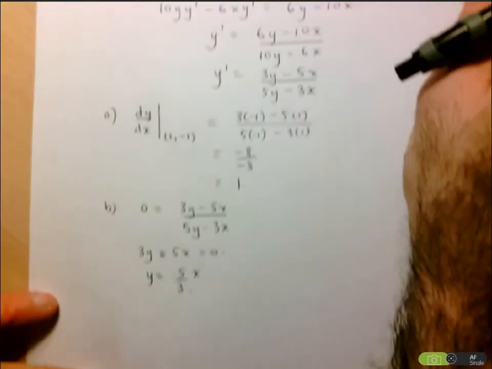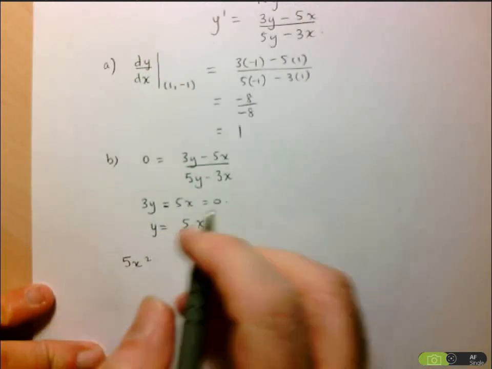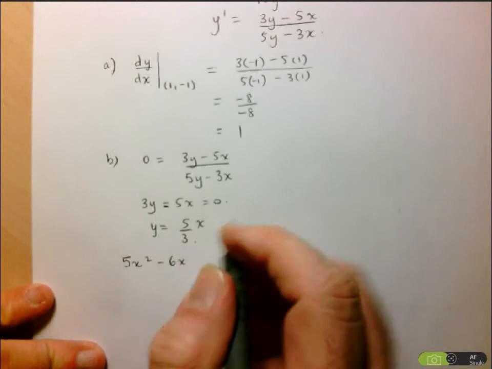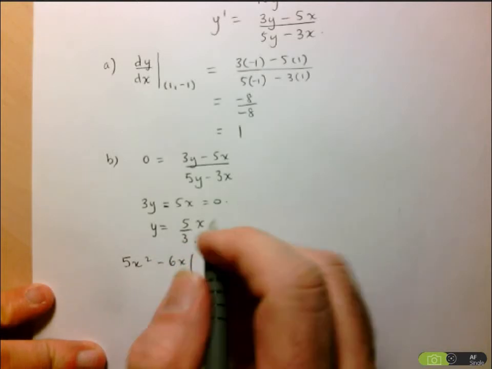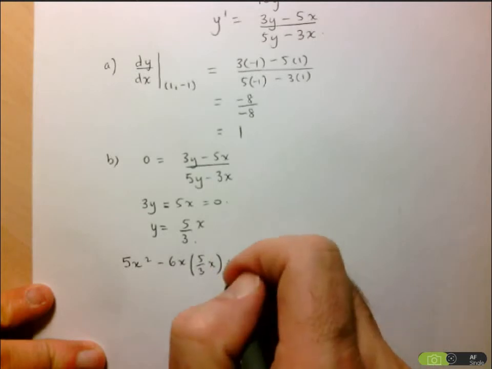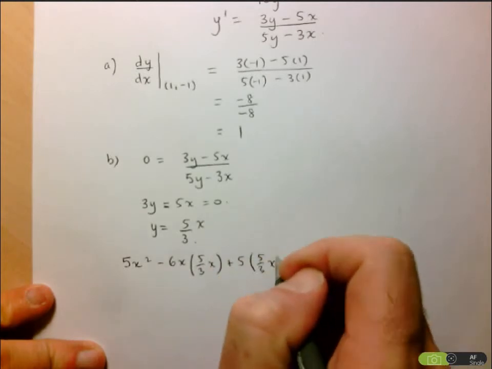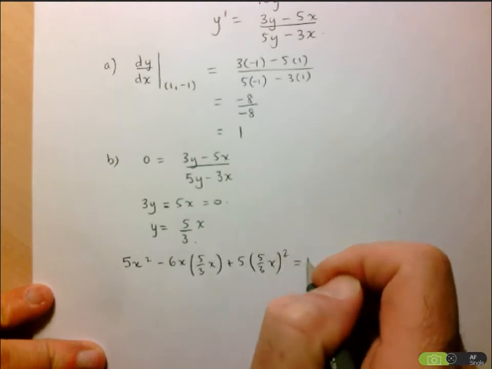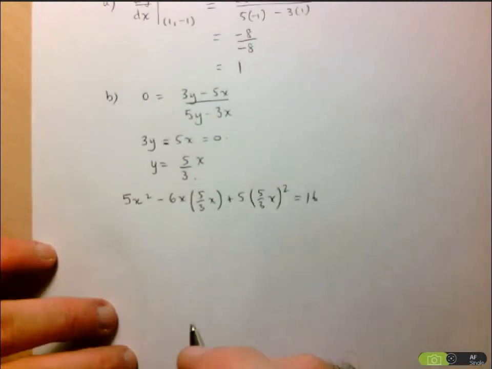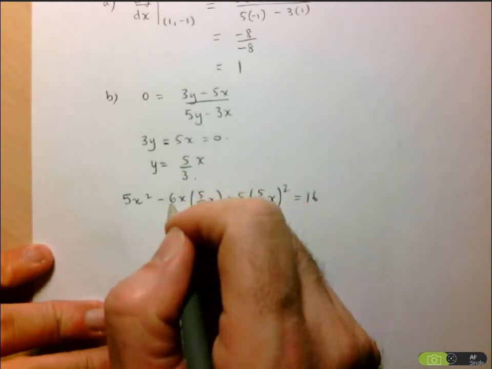So here we have 5x squared minus 6xy. We'll replace y by 5/3 x, and then we've got plus 5 times y squared, so 5/3 x squared, and all that is equal to 16. So let's now solve for x.